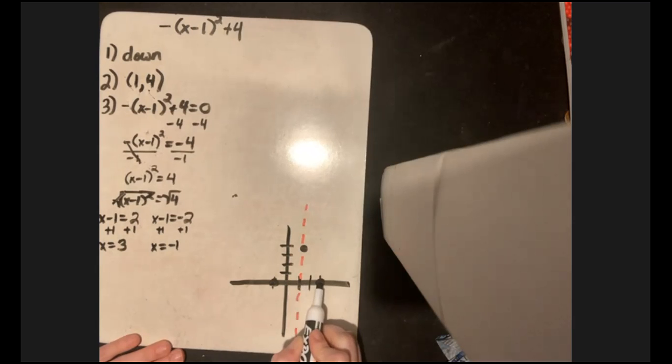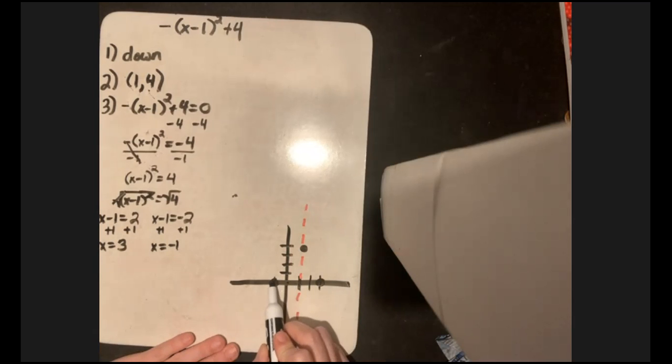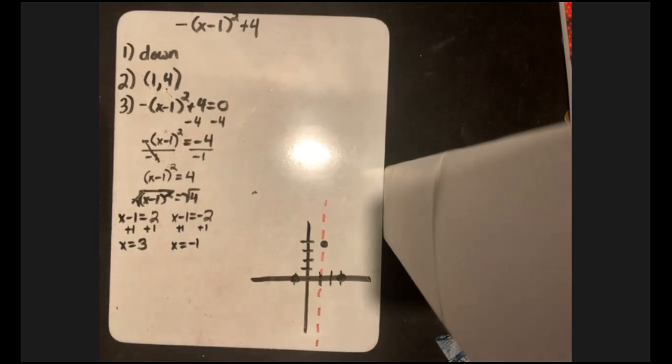So notice this x-intercept is 1, 2 units to the right of our axis of symmetry, and 1, 2 units to the left is the other x-intercept. So we do have them both equally matched. Now I'm going to use that axis of symmetry also in just a second to help get me an additional point that will help me out.